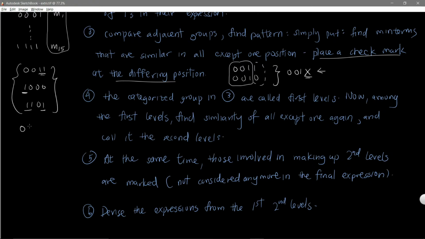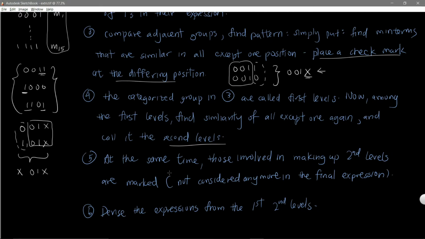And how to do this is, let's say you have this term and you have this term. So they are similar in all 3 positions except for this. So you can group them by writing this x here. So this is the new x, this is the old x, right? So this is called a second level term.